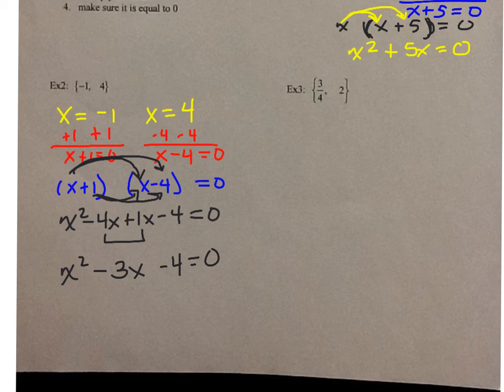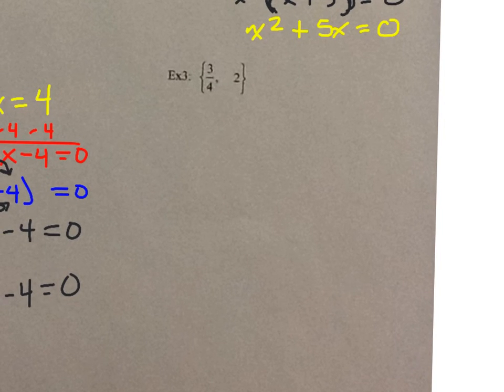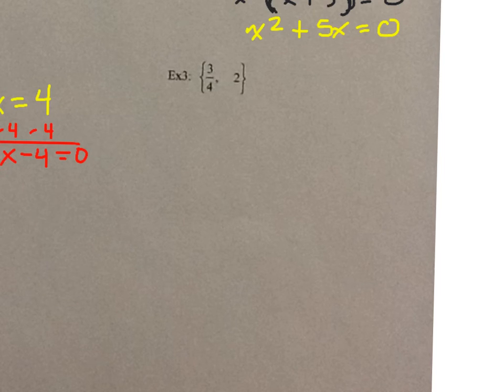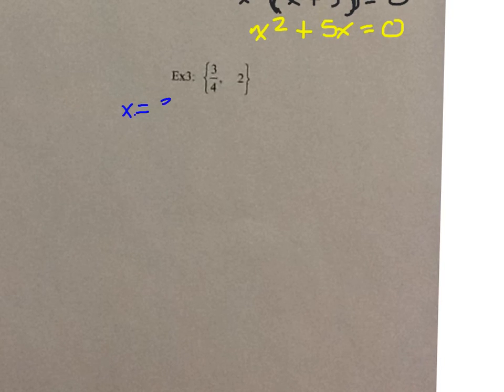All right, let's take a look at number 3. Number 3 may be a little tricky because there are fractions there. So I'm just going to get myself a little bit of room here. Okay, but still going to be the same thing. We're going to first set each one equal to x, 3 over 4, and x equals 2.